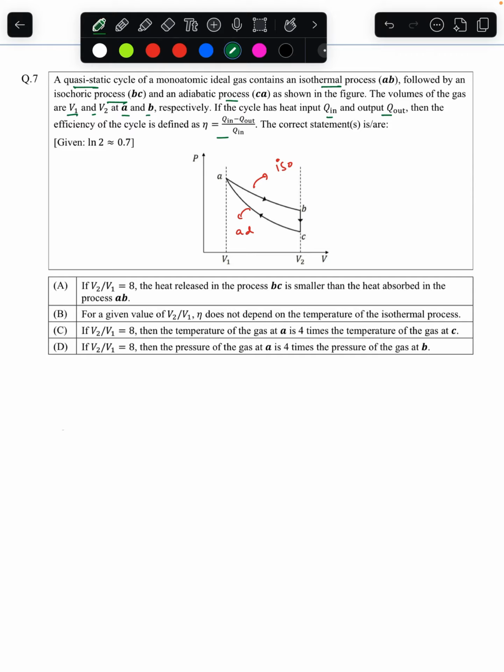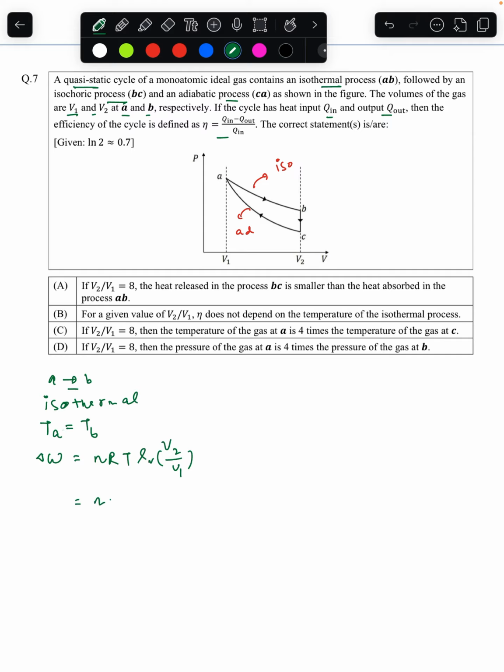Now I will go process by process. A to B is isothermal. Since it is isothermal, the temperature at point A will be equal to the temperature at point B, and we can easily calculate the work done, delta W, which is equal to nRT ln of V2 by V1.